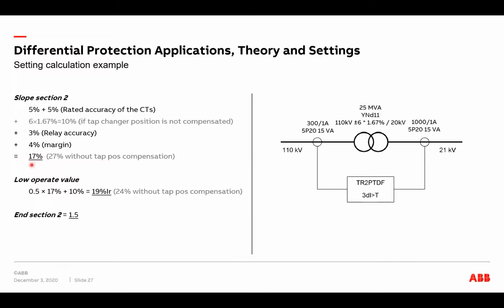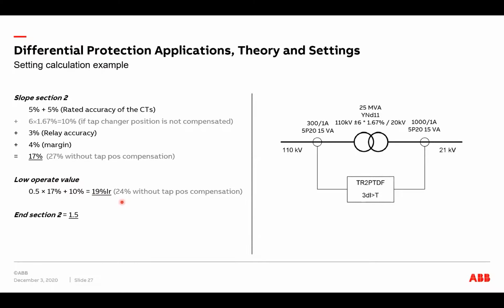So the result for slope section 2 will be 17%, or if we are not compensating for the tap changer position, then we need to set it to 27%. Then we can go to the low operate value, and here we use the result we get from the slope section 2, 0.5 times 17% plus the 10%. And our setting will then be 19%.